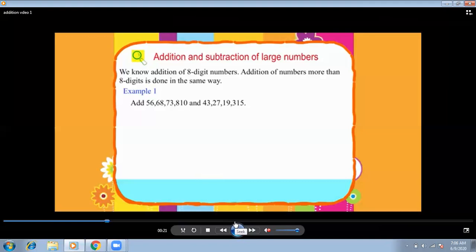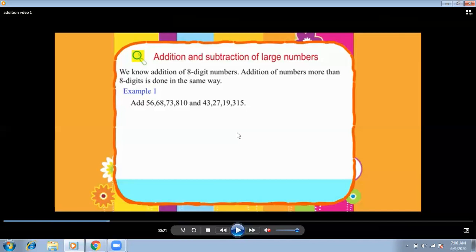First, you will write the place value and then you will put the numbers according to the place value in the respective columns. One more thing before addition or subtraction or multiplication: whatever the operation you are doing, you must keep in mind that we are always supposed to write the bigger number upside, on the top.